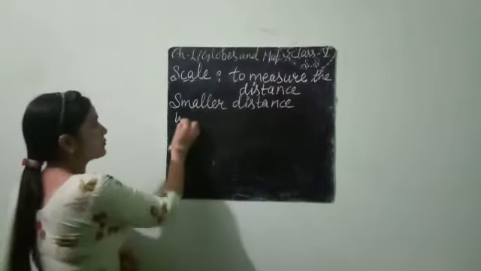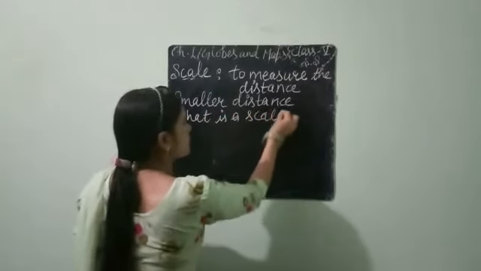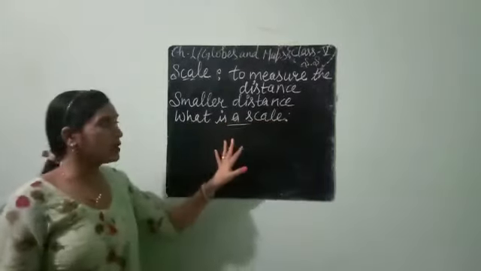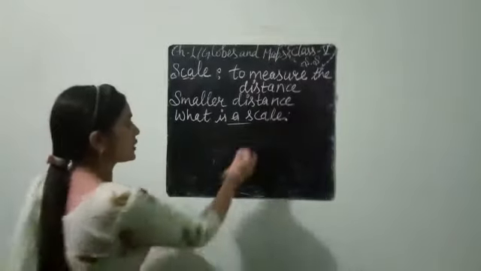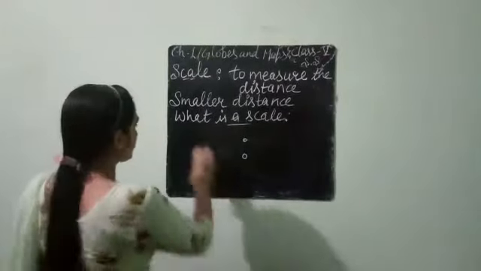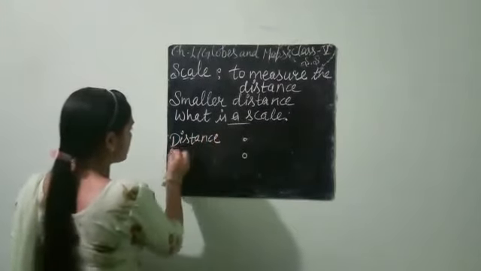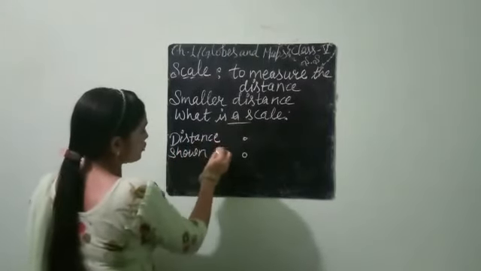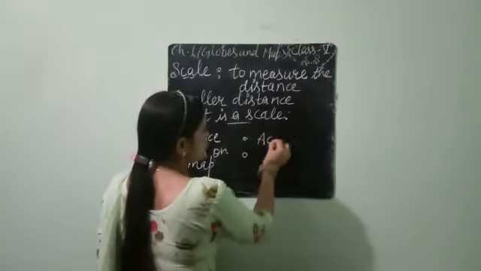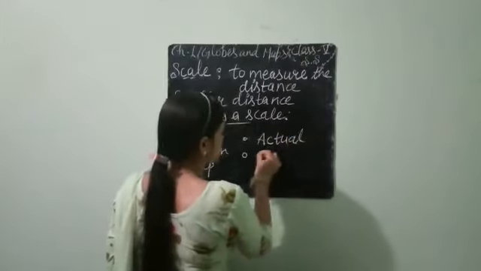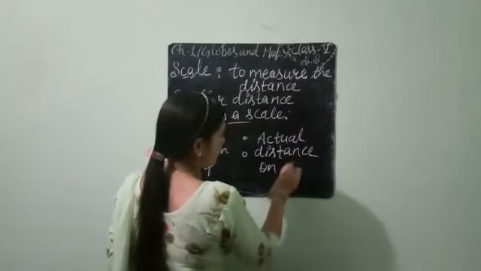Now what is a scale? We can say that the scale is a ratio between two things. Which two things? The distance shown on a map and the actual distance on the ground.